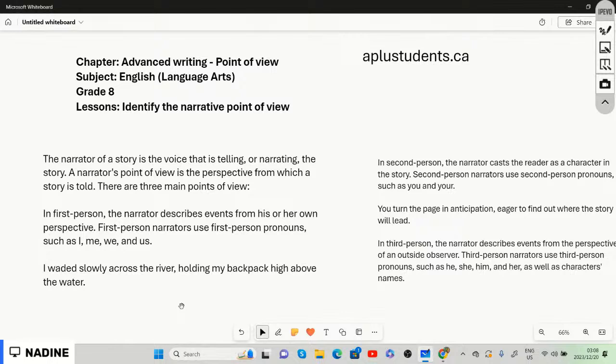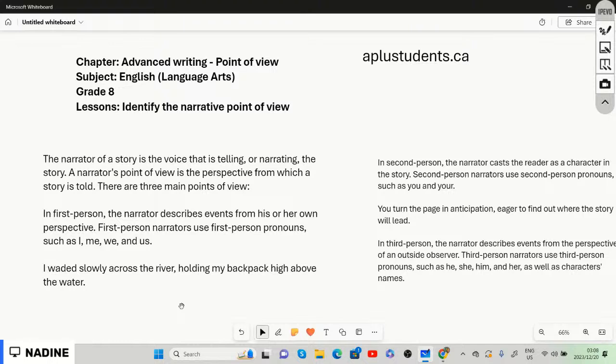And a narrator's point of view is the perspective from which a story is told. Because you can have different characters, right? And when it comes to the character, the characters basically just focus on that specific character that they play. Whereas the narrator gives us an overall perspective of the whole story.